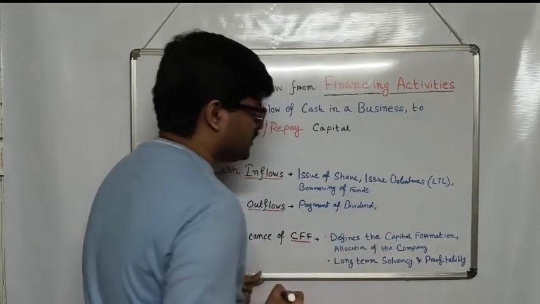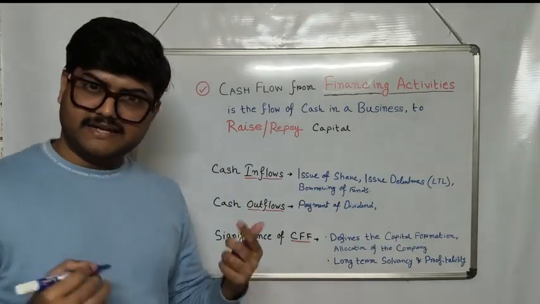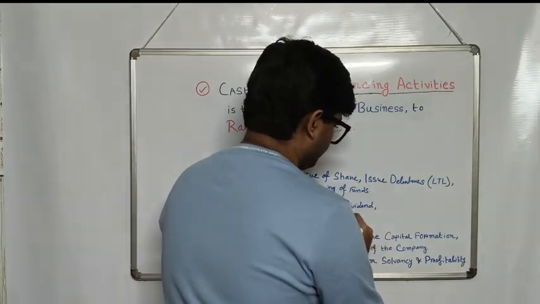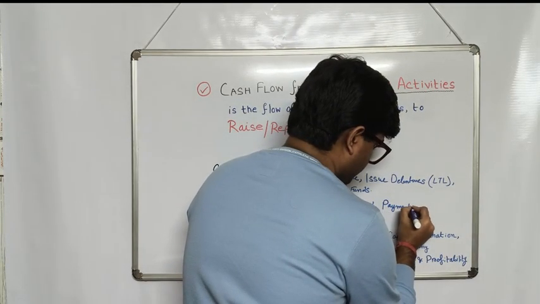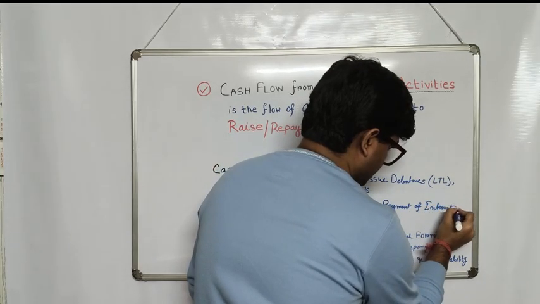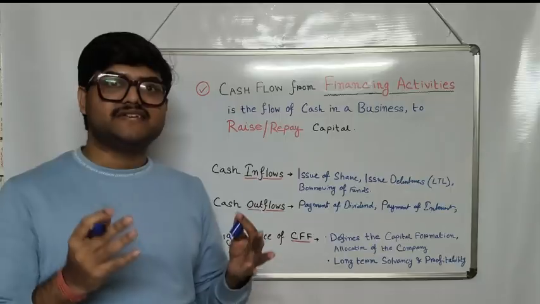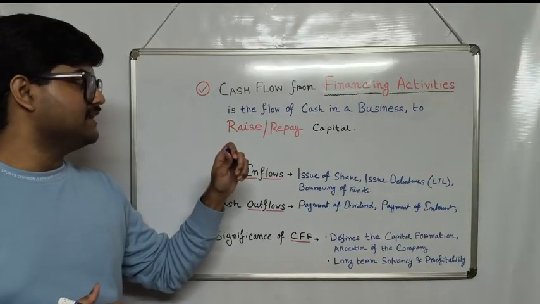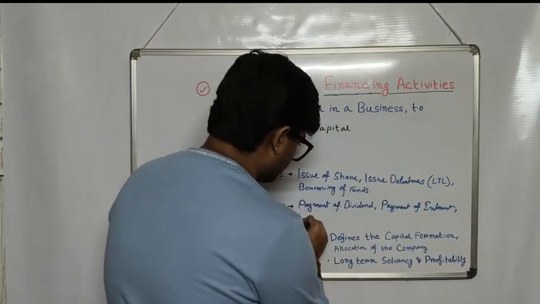Now that we have issued debentures, we have to pay them interest. So payment of interest. Again, the loans that we have taken to form our capital, that have to be repaid. Okay, so loan repayment.